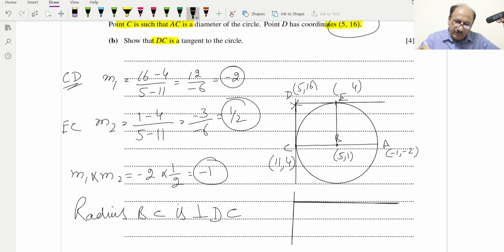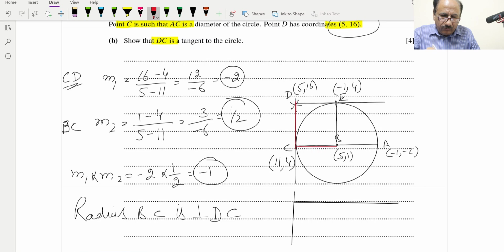So what we have done is find the gradient of CD and BC, basically not EC, this will be BC. So we found the gradient of BC, and this one we missed. If I highlight in red, BC is this one and D this one.